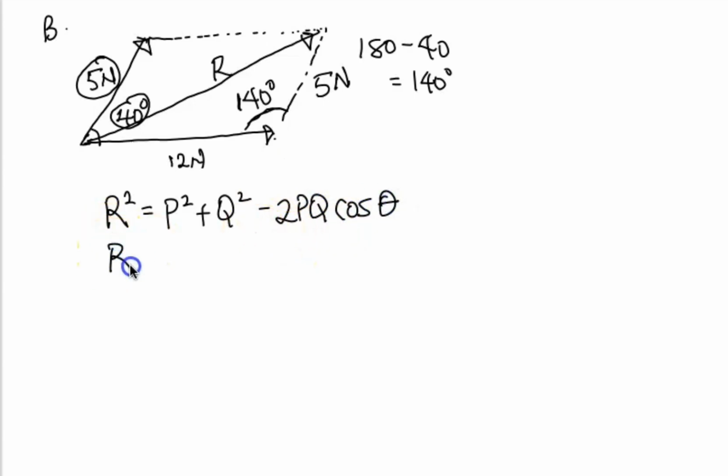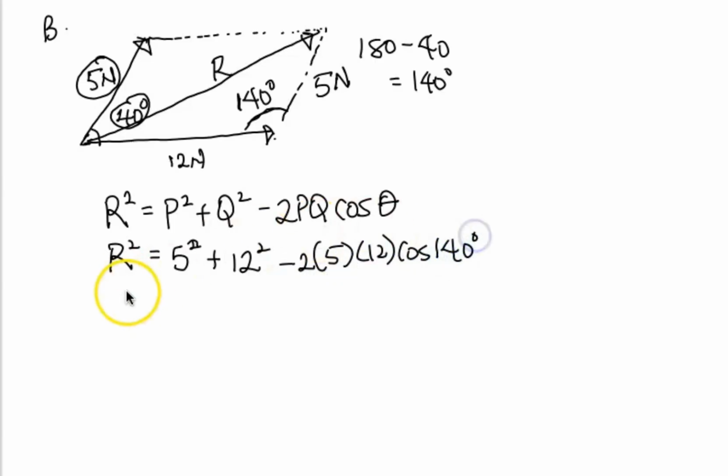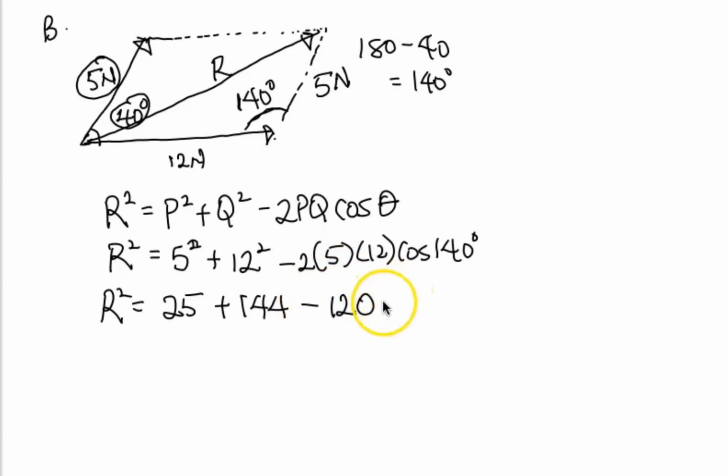So now R square is going to be P, which is 5 square, plus Q, which is 12 square, minus 2 times 5 times 12 cos 140 degrees. So 5 square will give us 25, and then we have 144, minus 2 times 5 times 12, which will give us 120, cos 140.